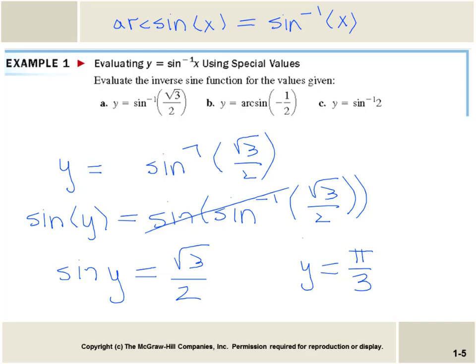So B, it says arc sine of -1/2. So what does that mean? Let's see, Arian. So what is the answer for that one? Sure. So I'm doing B. How do I do B? What's the answer?